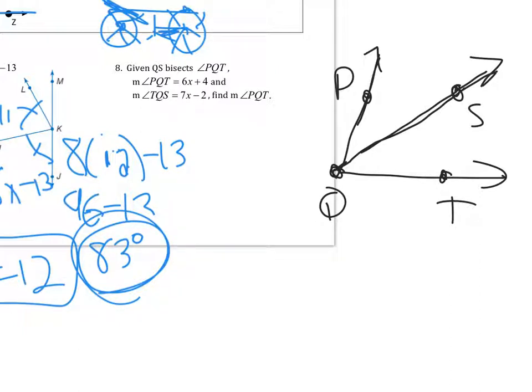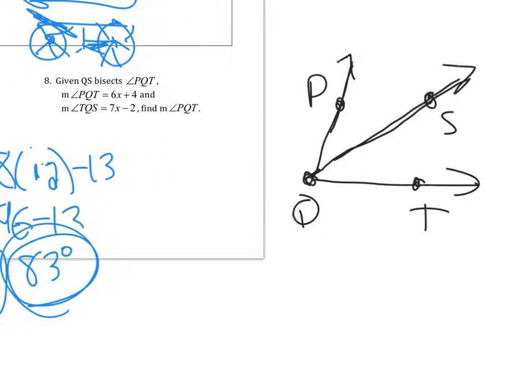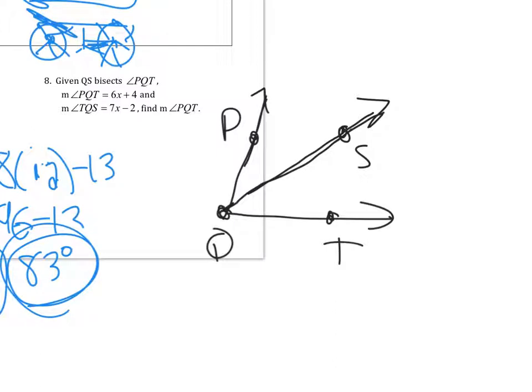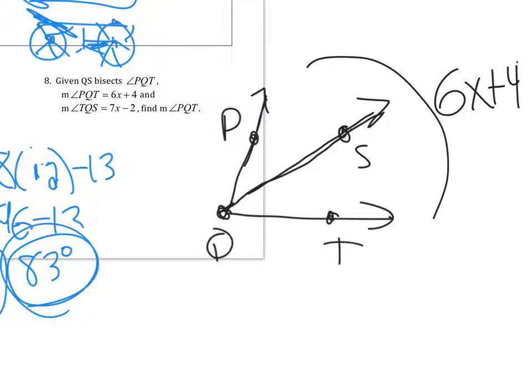So PQT is 6x plus 4. So this whole thing, 6x plus 4. TQS, this little part, is 7x minus 2.